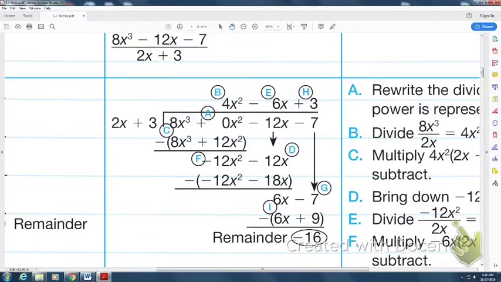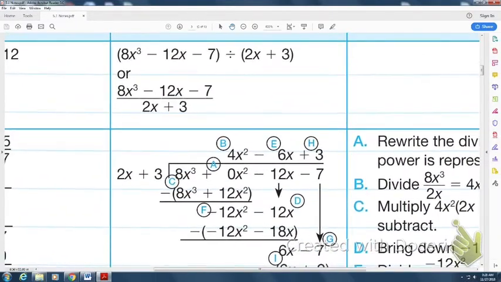Something else real quick that we're going to talk about on the back as well, but whether it's in your dividend or your divisor, okay, and if you forgot, your dividend is always inside, your divisor is out here. If you look at the degrees of this right here, it goes from 3 and then it automatically goes from 1, the degrees of each term. Your degrees have to go in descending order.